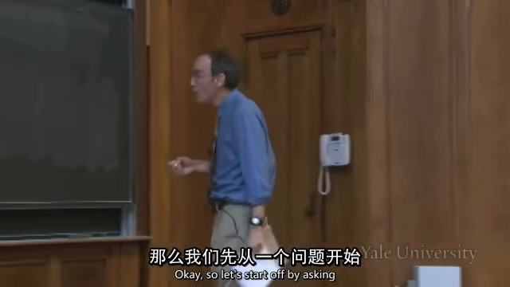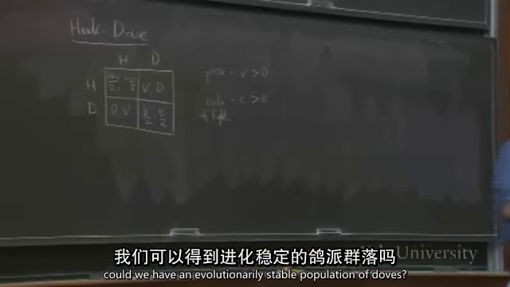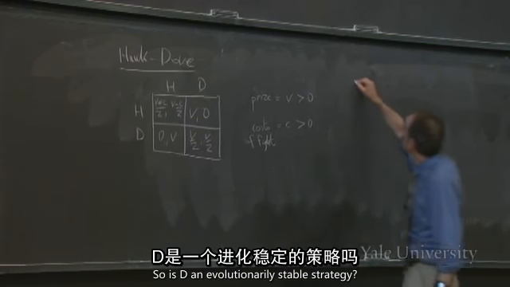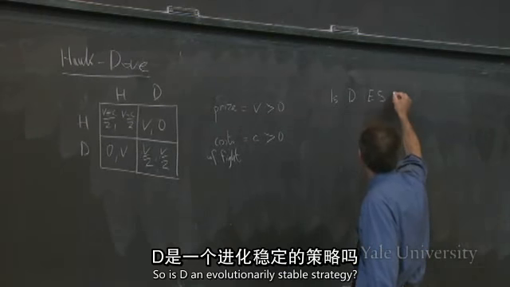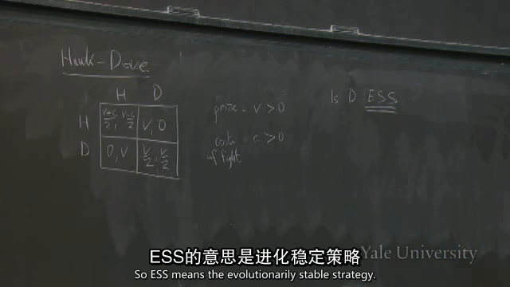Okay, so let's start off by asking, could we have an evolutionary stable population of doves? All right? So is D an evolutionary stable strategy? I'll start using the term ESS now. So ESS means an evolutionary stable strategy.